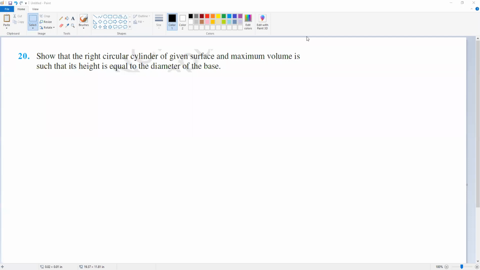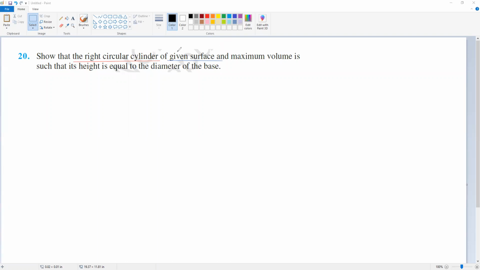Okay, show that the right circular cylinder of given surface area and maximum volume is such that its height is equal to the diameter of the base. So हमें ये proof करना है, show that the right circular cylinder, उसका surface area is given.